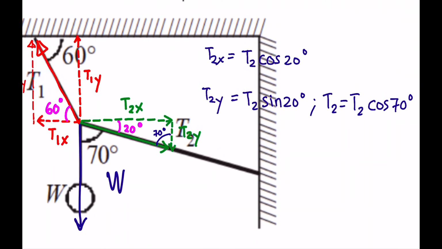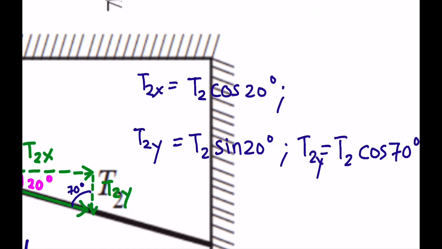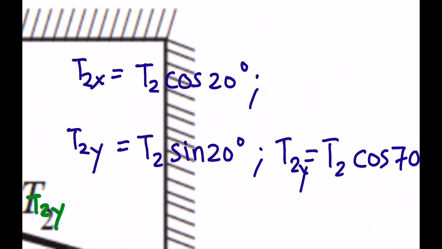So that's T2y. On the other hand, if we are using our 70 degrees as the angle of reference, our T2x is the side that is opposite to this angle 70 degrees. So it's the opposite side. So we would use the sine function by virtue of SOHCAHTOA.